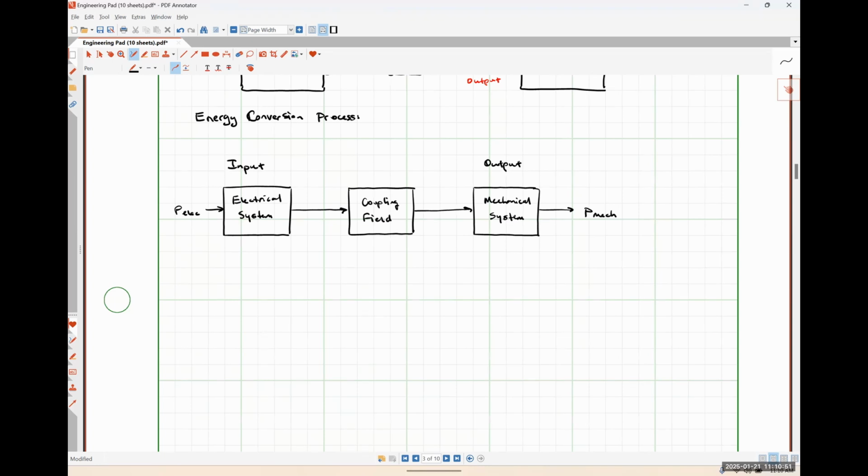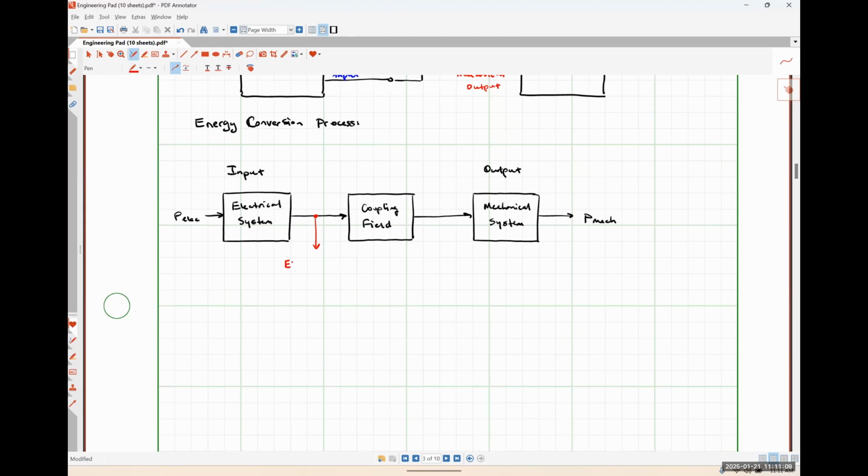But we need to take into account losses and things like that. Okay. So I'm going to draw these losses as arrows where we have energy or power leaving our system. So the first kind of losses that we are going to see would probably be electrical losses.